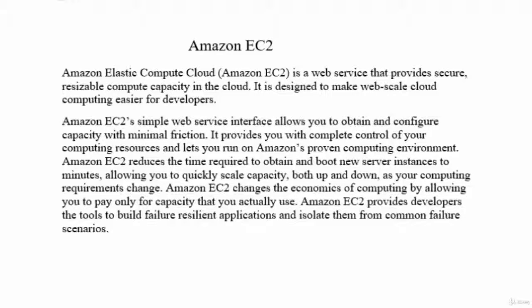Another thing with Amazon EC2 is that it provides a web interface, and you can create firewall rules, ACLs, and other security features to protect your virtual server. You can put your virtual server into a private subnet so that it will not be accessible from the outside world, or you can make it public for web servers.